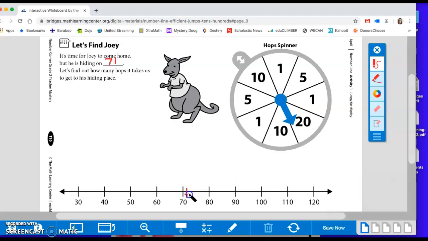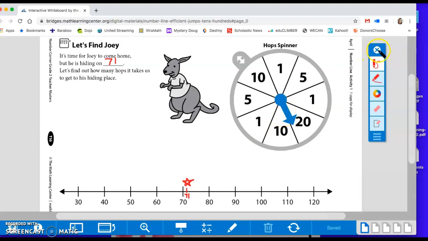Go ahead and make your number line, and put the number 71 on it, because that is where Joey is hiding. Okay, now we are set to play the game. I'm going to put a little star here to remind us that we are trying to hop to 71 to find our lost Joey and get him back to his mother.